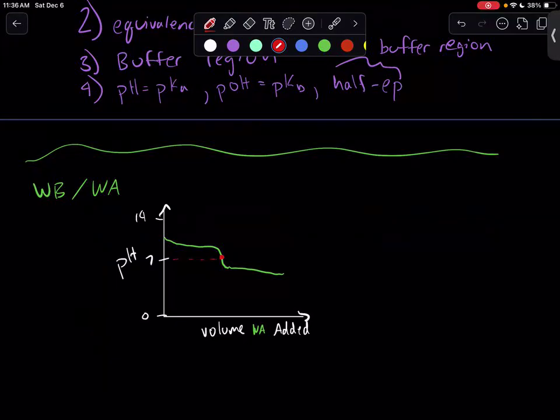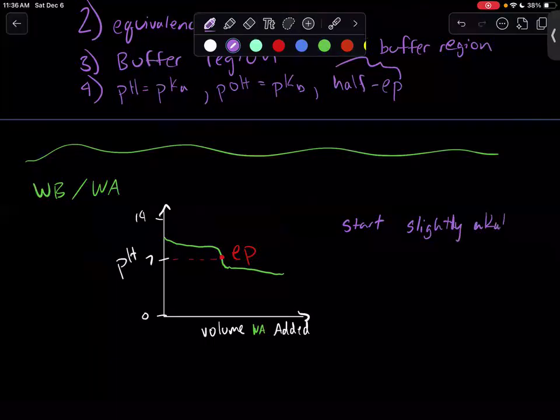Now, because they're both weak, and as we mentioned before, a weak acid and a weak base generally produce a pretty neutral salt, our equivalence point is usually going to be around 7. And the key aspects here are we start slightly alkaline, and we end slightly acidic. And our equivalence point is approximately 7 or relatively neutral.